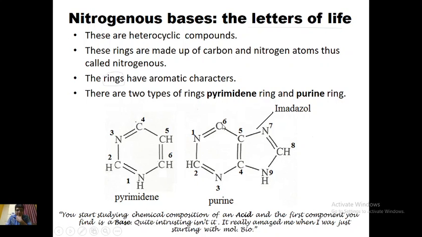Why don't we start numbering from this carbon, 1 2 3 4 5 6 7 8 9? It will be streamlined. Why should we number it in such an odd way that 1 2 3 4 5 6 a ring is completed, and then again we are saying 7 8 9?